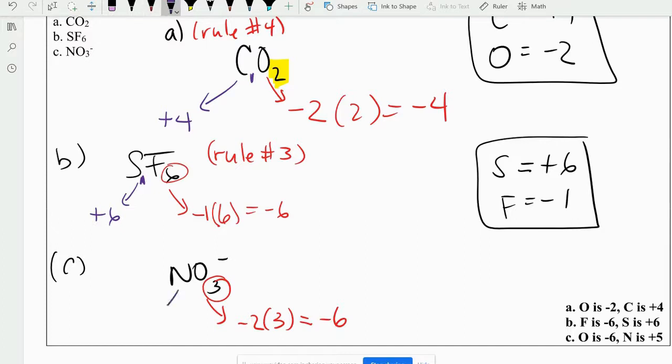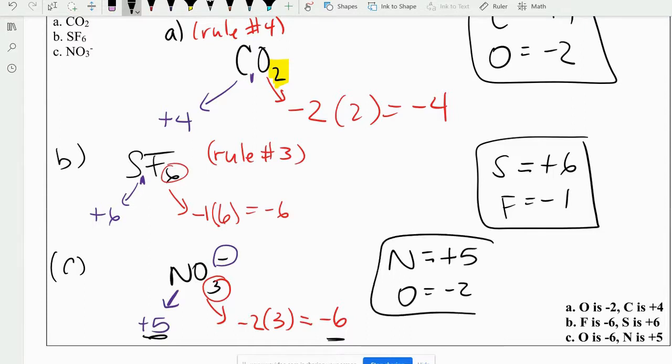Now, you guys, what must the charge of nitrogen be to maintain that -1 charge? That's right. It must be a +5. Does that make sense? And that's because +5 minus 6 equals -1. So therefore, your oxidation states for nitrogen are a +5, and for oxygen, a -2.